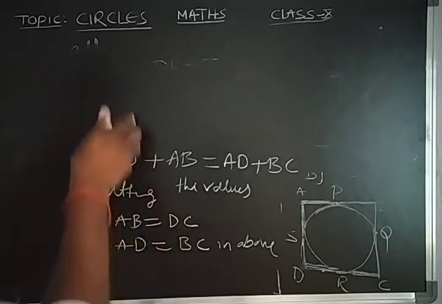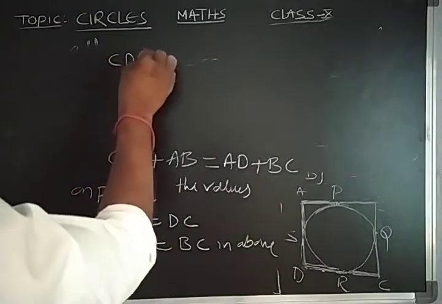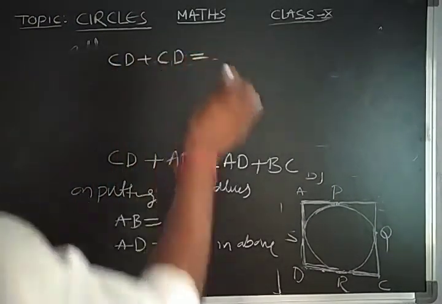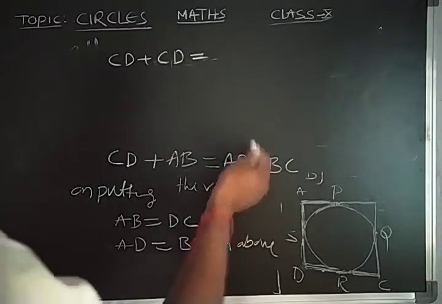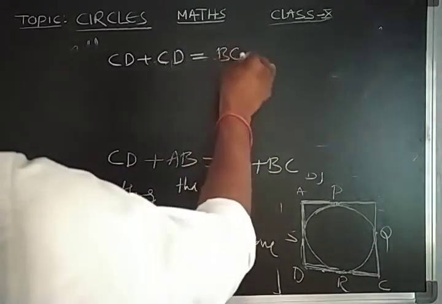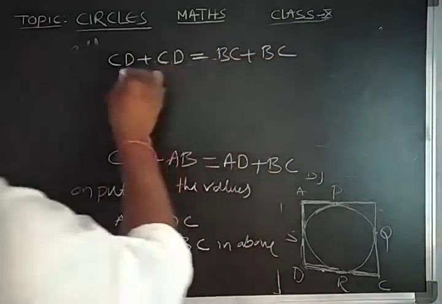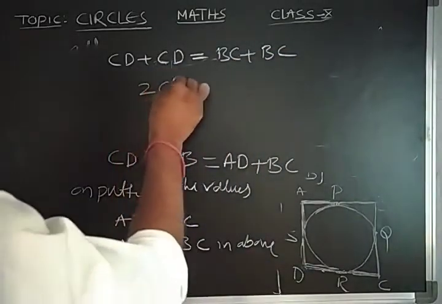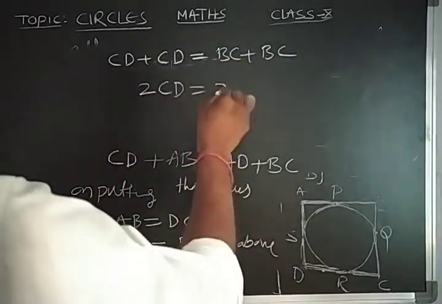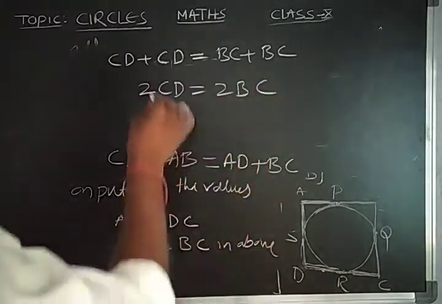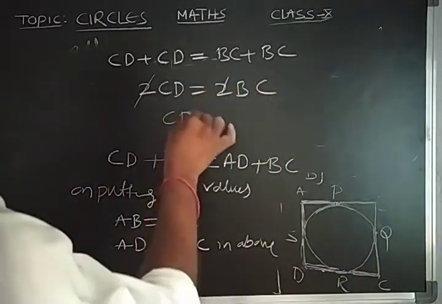In place of AB, DC, you will get CD plus CD. In place of AD, I will write BC. You will get BC plus BC. CD plus CD, 2CD, equal to BC plus BC, 2BC. So 2 cancels on both sides. You will get CD equal to BC.